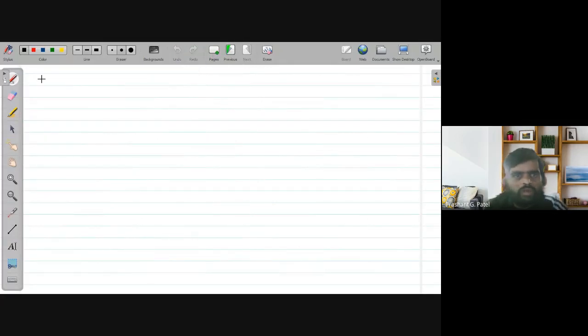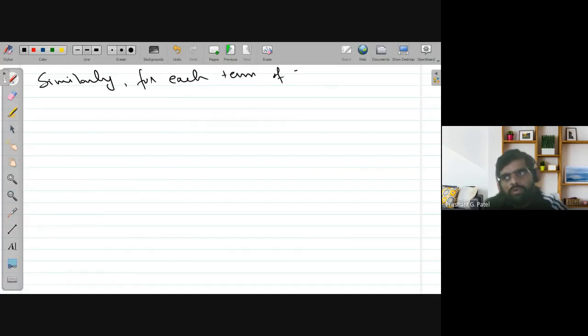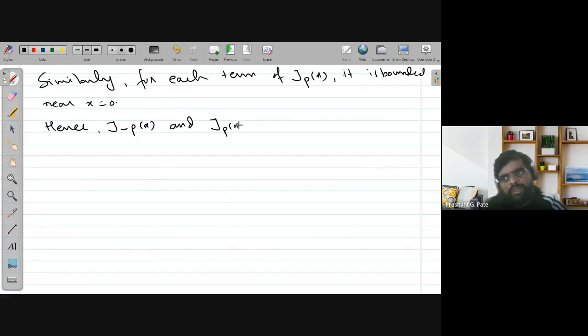Similarly, each term of J_p(x) is bounded near x equal to 0. Hence, J_(-p)(x) and J_p(x) are independent.